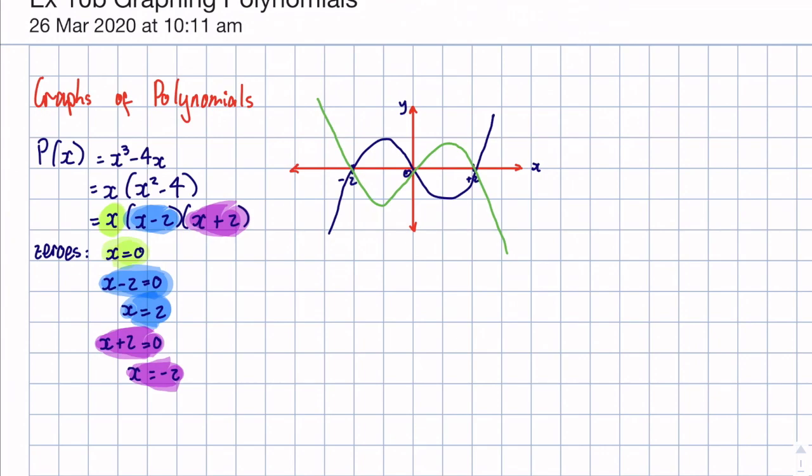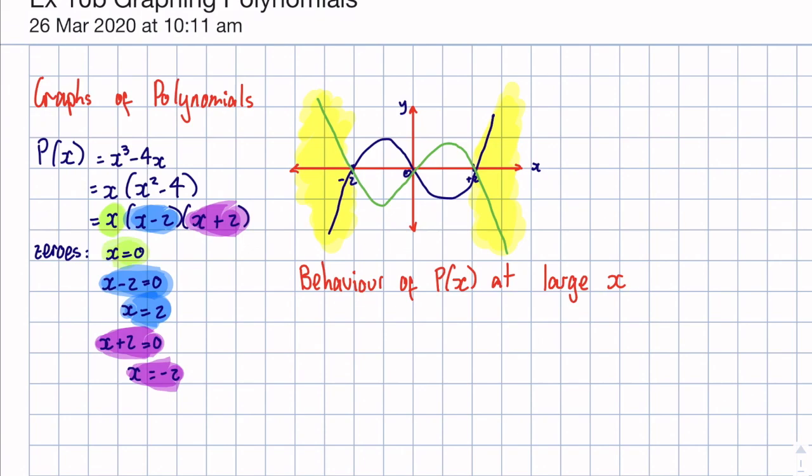So then we have to look at the behaviour of the polynomial at large x. So what we're looking for is what the polynomial is going to do when we're in this region, or you could have looked at it when we're in this region.